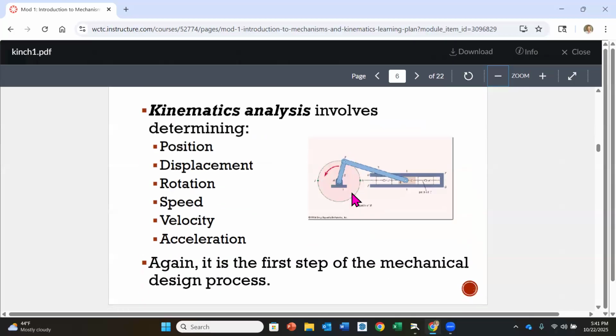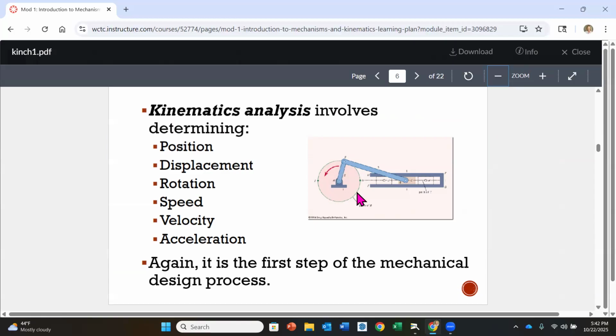Now, kinematic analysis is going to involve determining the following: what the position is. So a mechanism is a connection of rigid elements, okay? And they're going to move around. So for instance, if we have this, I'm going to call it a crank, and that's what we're typically going to see. It can be considered the input. This crank is going to rotate around. It's connected to another rigid link that is connected to what we call a slider or maybe a piston.